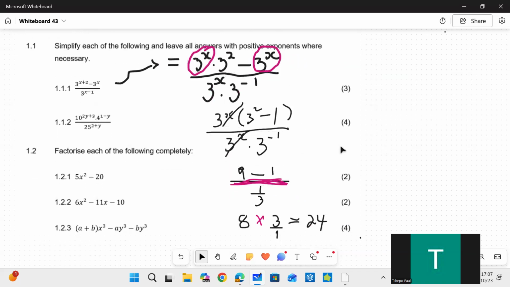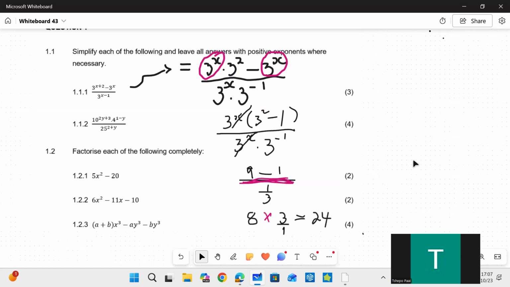And then your denominator, which is 3 to the exponent negative 1, can be written as 1 over 3. So you then change your division to multiplication. That 1 over 3 became 3 over 1. 9 minus 1 is 8. 8 times 3 is 24. So that will be your final answer.